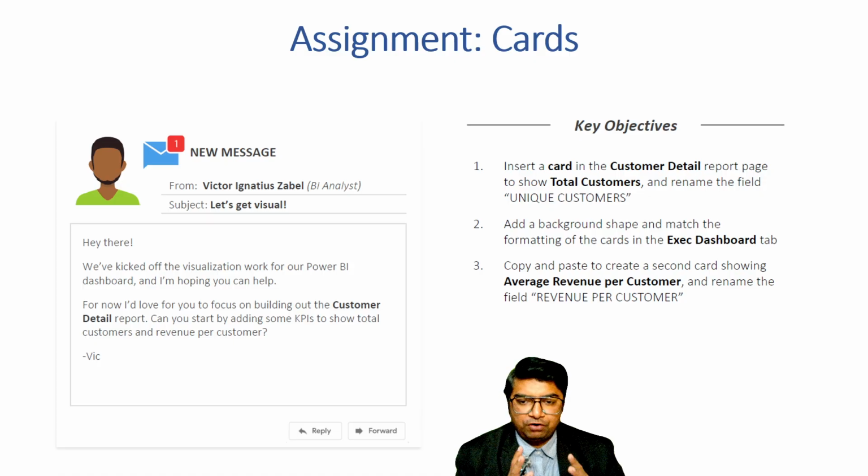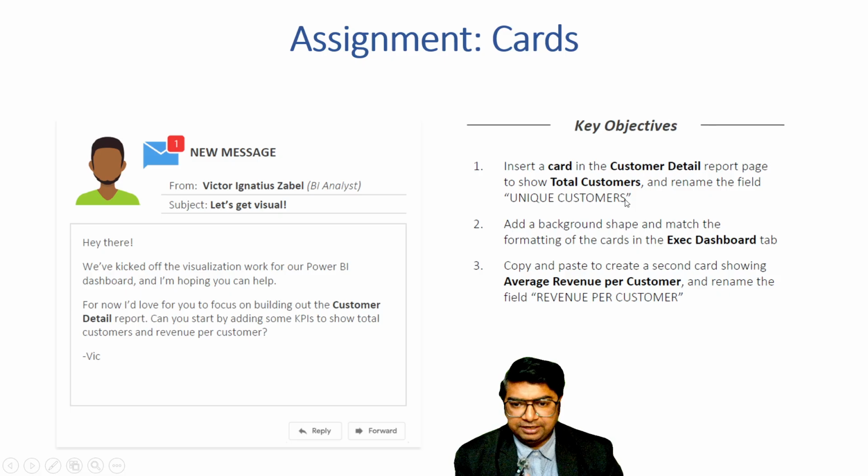So what will your key objective be? Your key objective is to insert a card in the customer detail report page, show the total customers there, and rename it as unique customer.